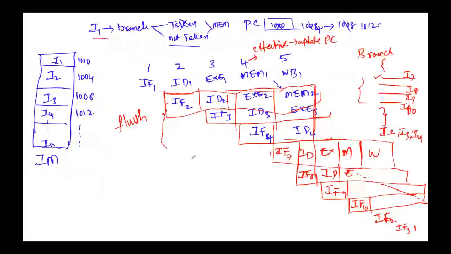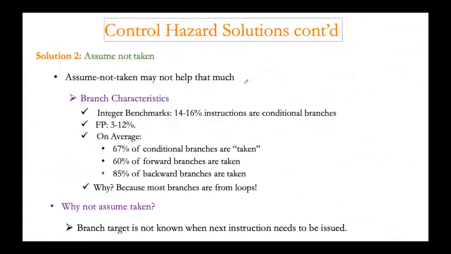Then what is the advantage and the disadvantage of this one? Assume not taken may not help that much to solve control hazards, because in terms of branch characteristics, on average 67% of conditional branches are taken, like your loops.